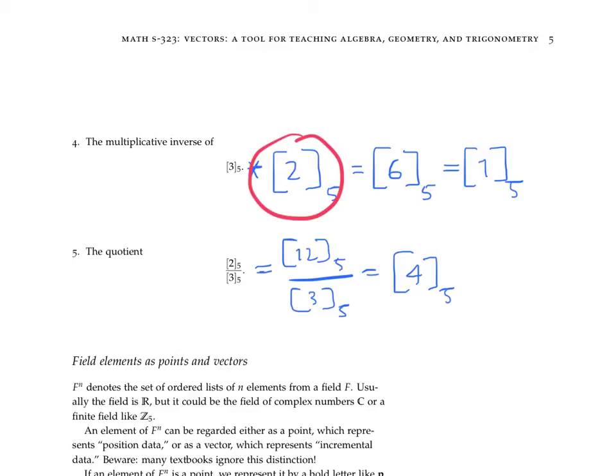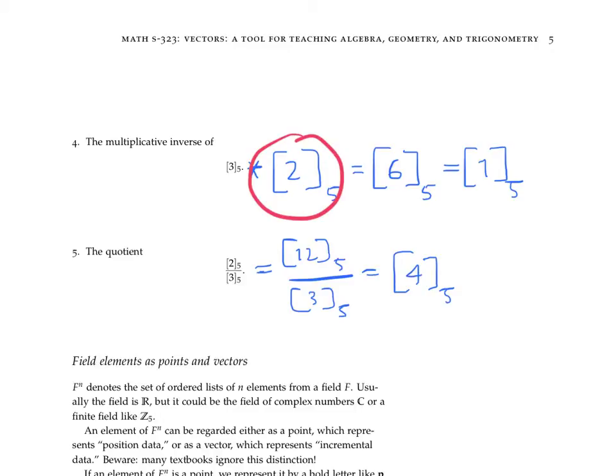Well, 27 divided by 3 is 9. 9 is not a member of Z5. 9, when simplified, has a remainder of 4 when divided by 5, so it is actually also equal to 4. So it doesn't matter if you don't get the exact lowest possible simplification opportunity. It will still give you the right answer as long as you simplify at the end.